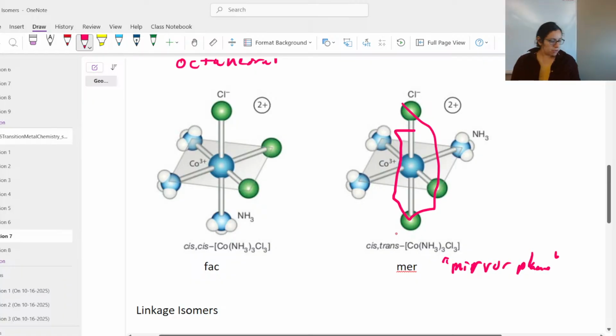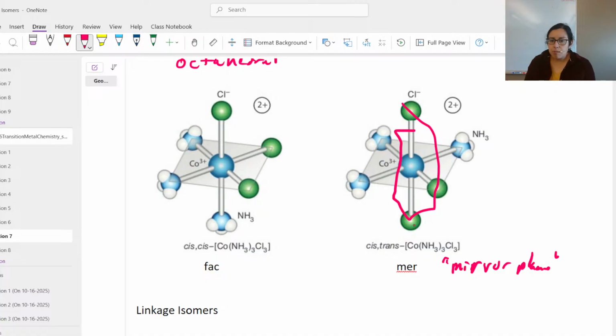But again, your book uses a term that I've never seen used in the literature. It's usually FAC and MER when they're referring to these geometries. But your book calls it cis-trans, which you can see, right, we have a cis relationship and a trans relationship as well.